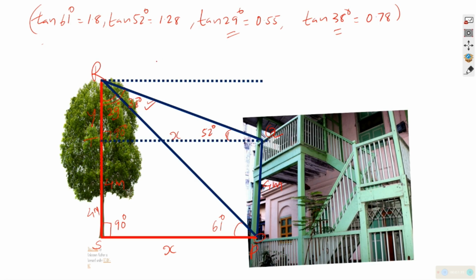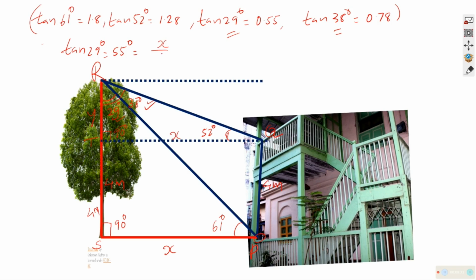Let me make use of the given situation where you have tan 61, 52, 29, 38 degree, and your question is to find out the height y plus 4 meters. So we need to find out y. We will always try to get an equation where y comes as a term. So the best thing is finding out tan only, so let us take tan 29 degree, which is equal to 0.55.